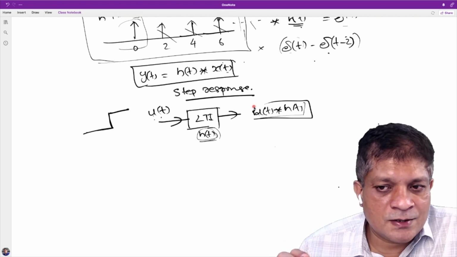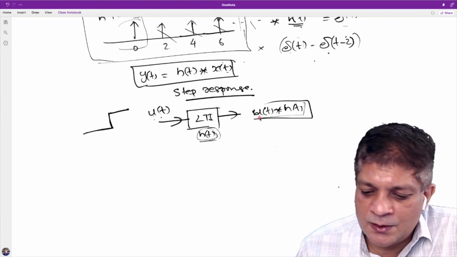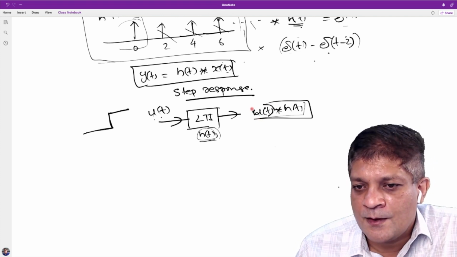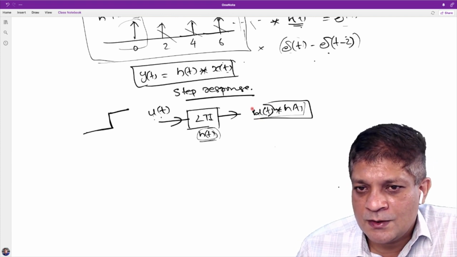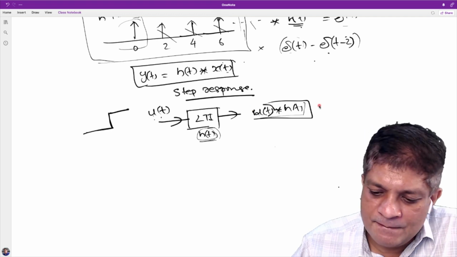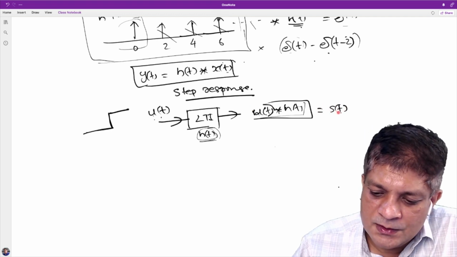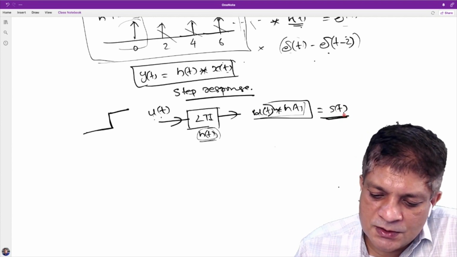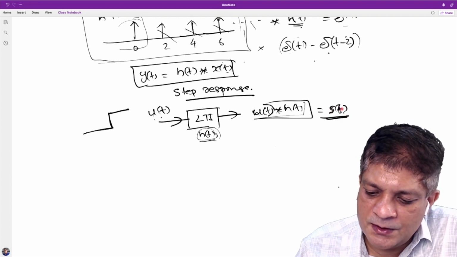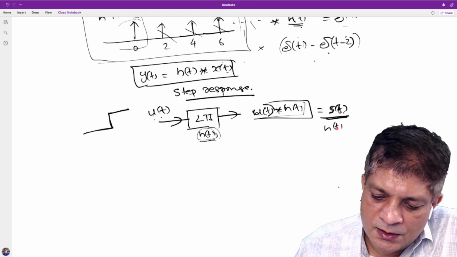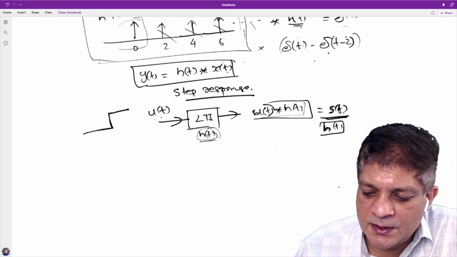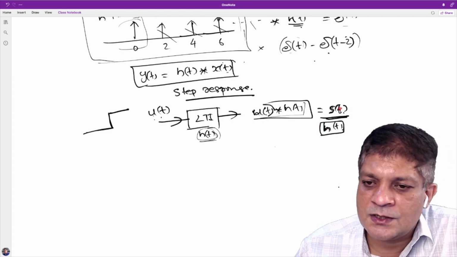Now, as in yesterday's class, we discussed this convolution with u(t). This is called the step response of the system, and we denote it by s(t). We denote the impulse response by h(t), and this is s(t).